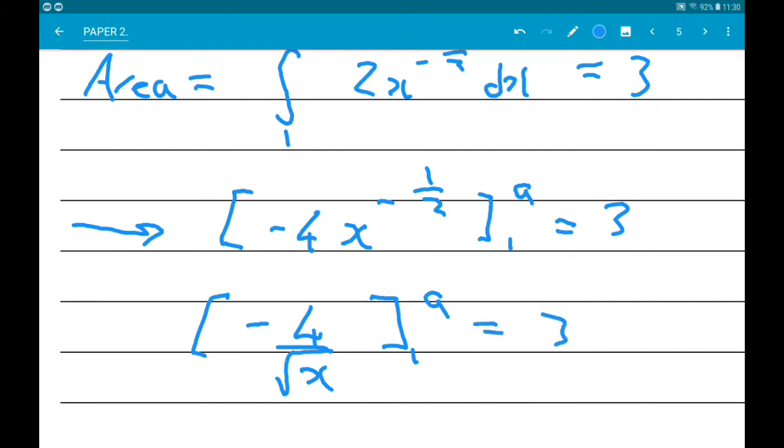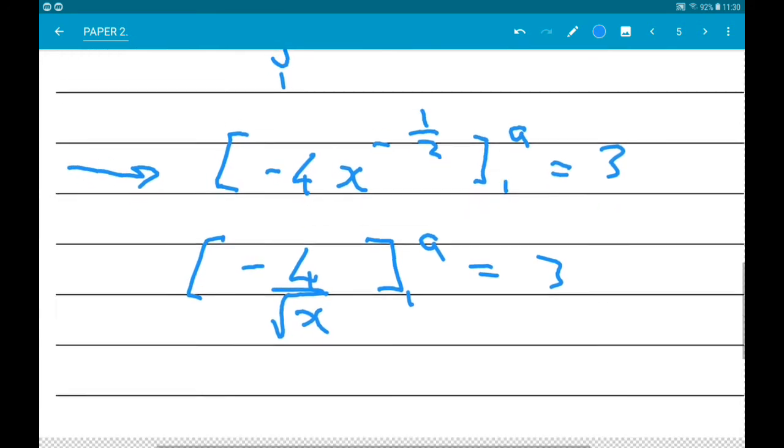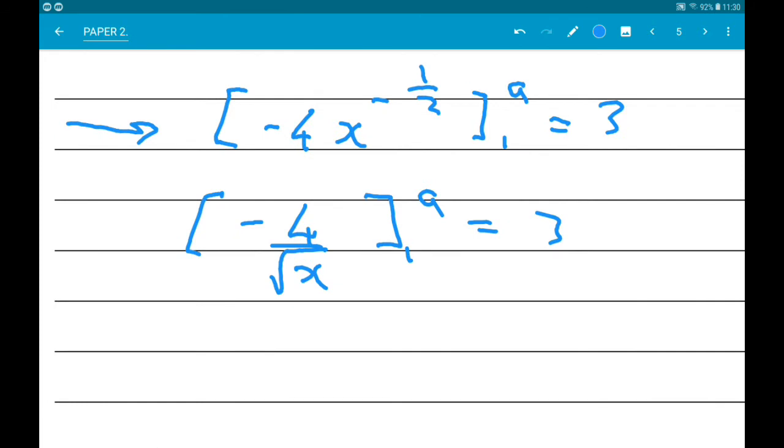Okay, now whack in the limits. So we're going to get minus 4 over root a minus 4 over 1, so minus 4, is equal to 3.